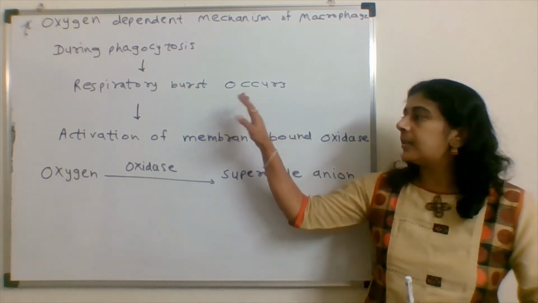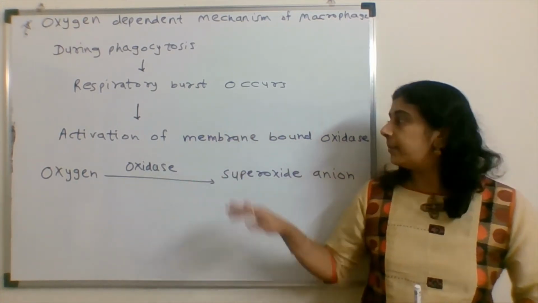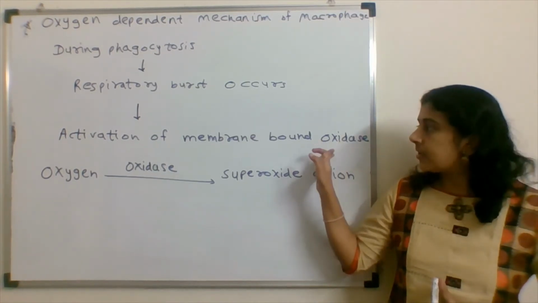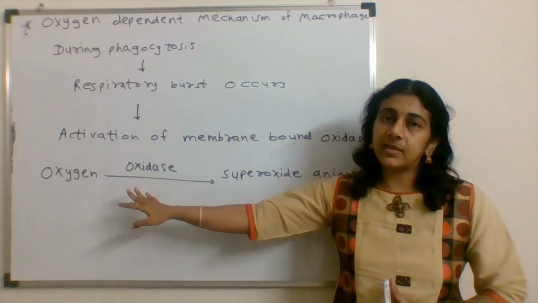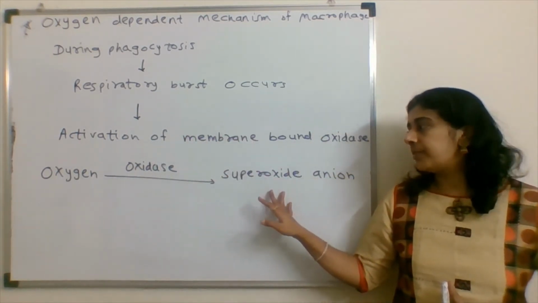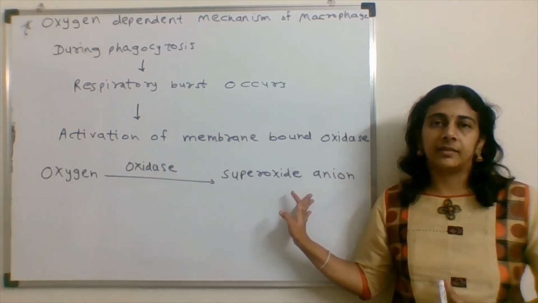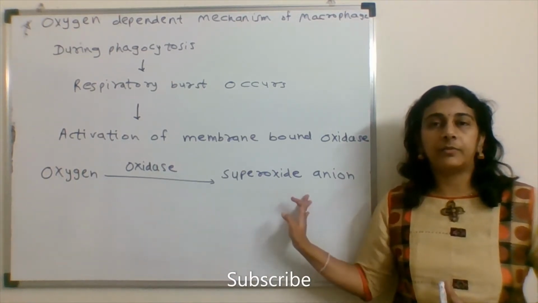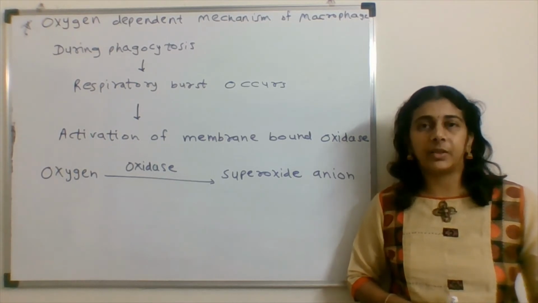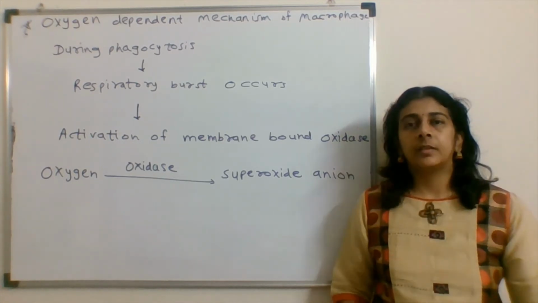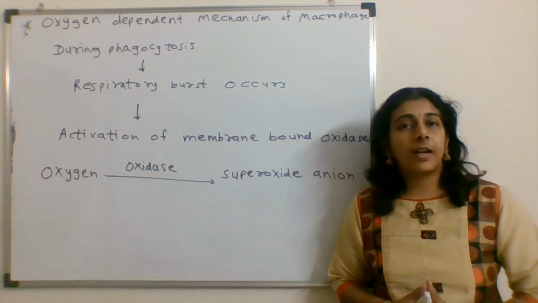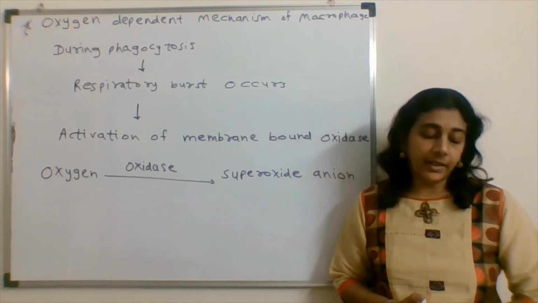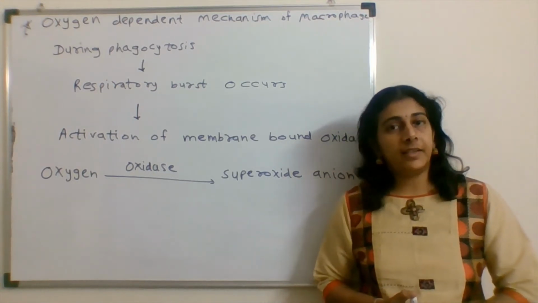When this occurs, there is an activation of membrane bound oxidases in a macrophage. These oxidize oxygen and form the superoxide anion. This is a reactive oxygen species and is very harmful for the ingested microorganism. This also generates other powerful oxidizing agents like hydrogen peroxide and hydroxyl radicals.